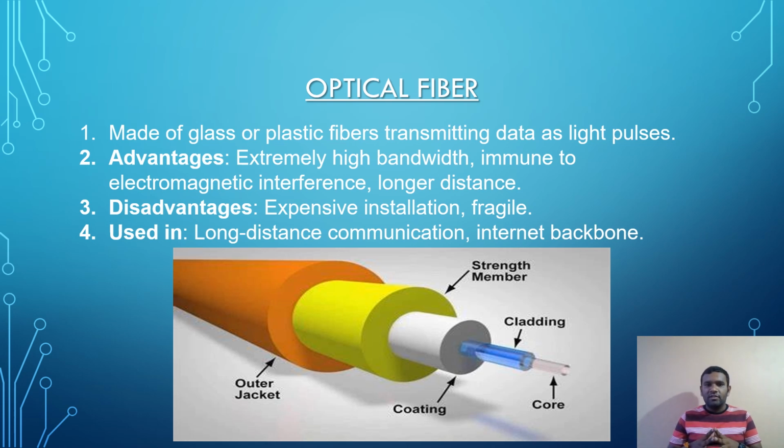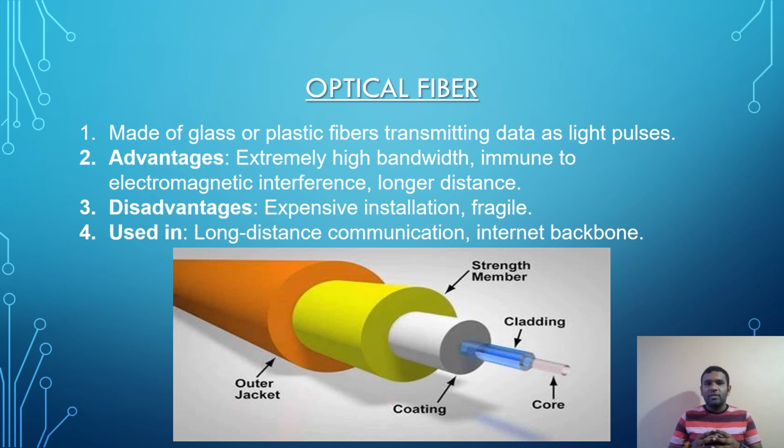What are the advantages is this has an extremely high bandwidth because it is going in the form of light, and is immune to electromagnetic interference. Electromagnetic forces cannot act upon light. The coaxial and twisted cables used copper wires, and it was not a light signal which was going.